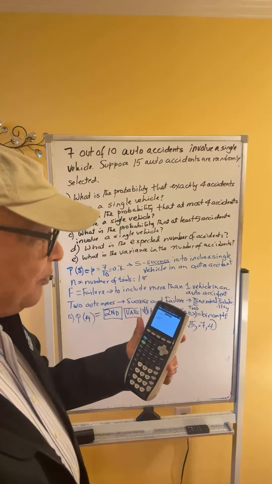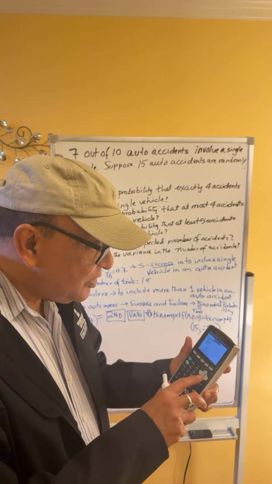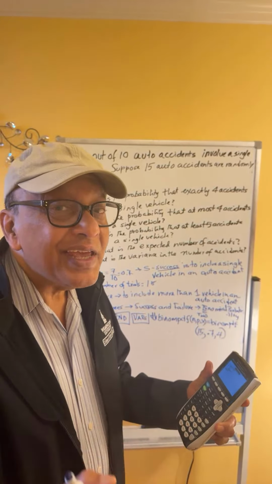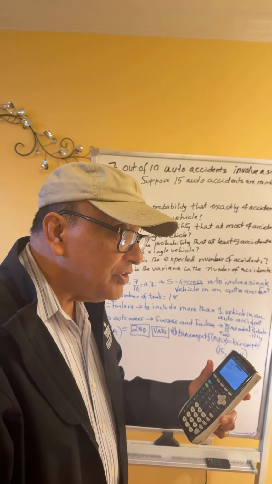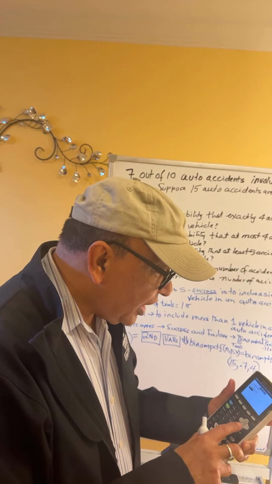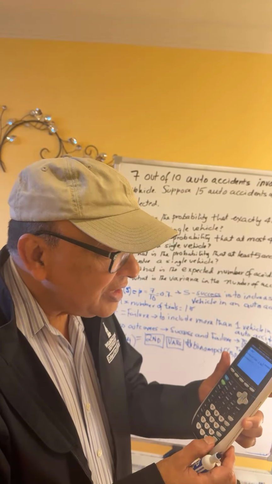It asks me for the number of trials, N, which is 15. Probability of success is 0.7, and we want to find exactly 4 out of 15 accidents that involve one single vehicle. So 4, and we go down to Paste and hit enter and enter.